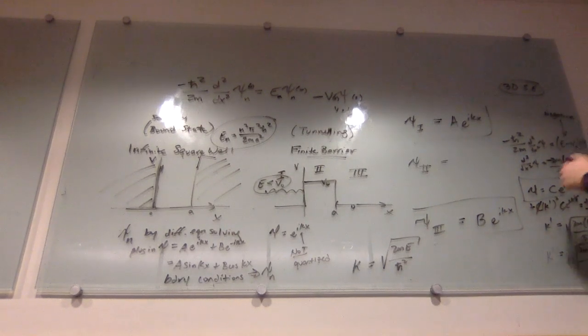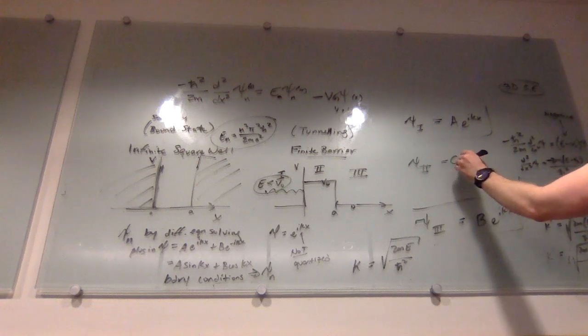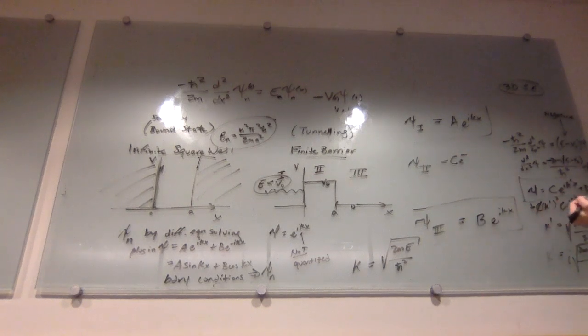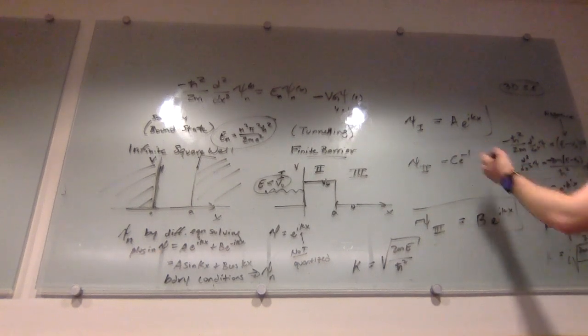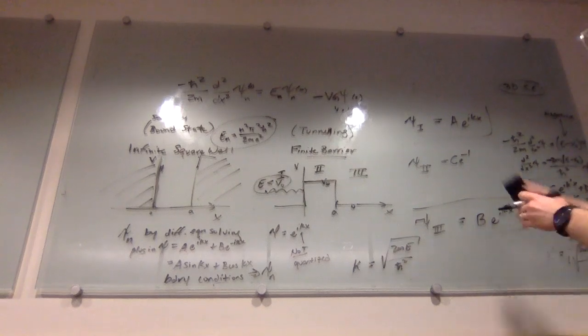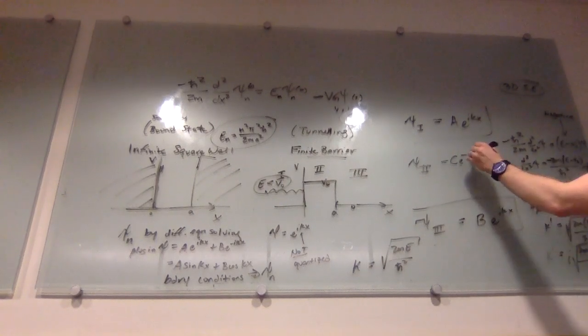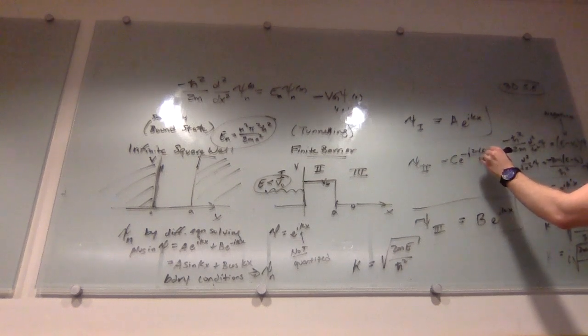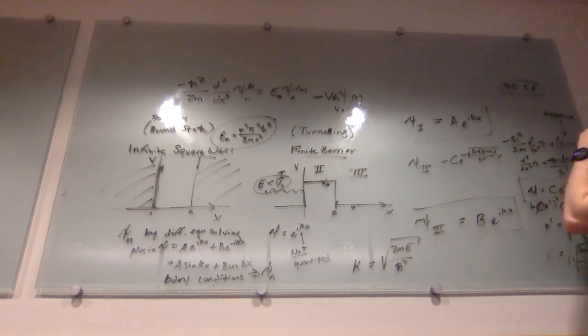So if we plug that in, we get C e to the minus radical 2m times V naught minus E over h bar squared x, plus D.